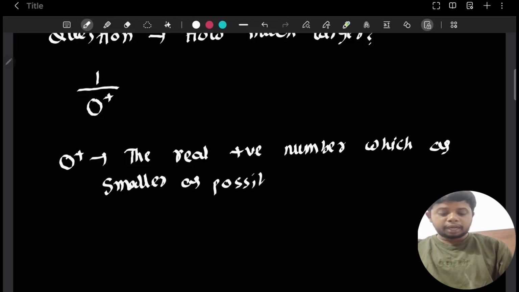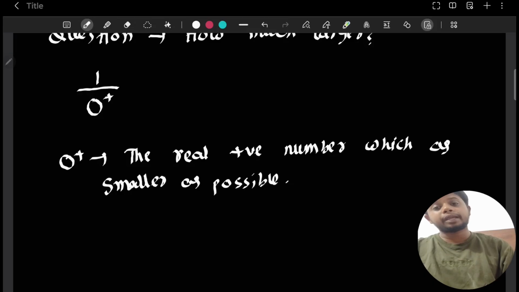What is the meaning of that? If I ask you what is 0 plus, it is the number which is as small as possible. If you say 0.000001, I'll take one more 0 and make it smaller. So like that. If I take that in a denominator, I'll get a very large number.